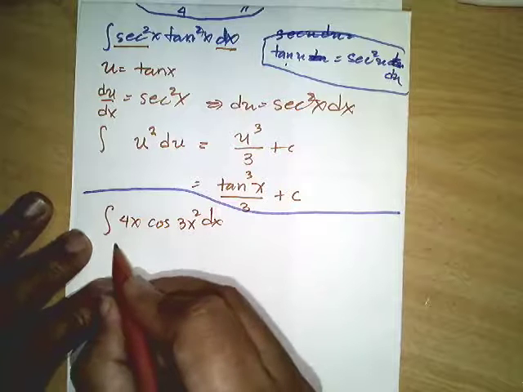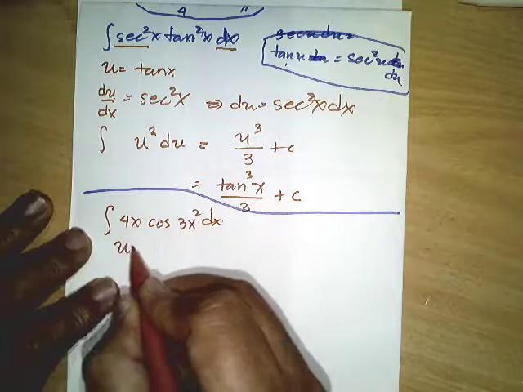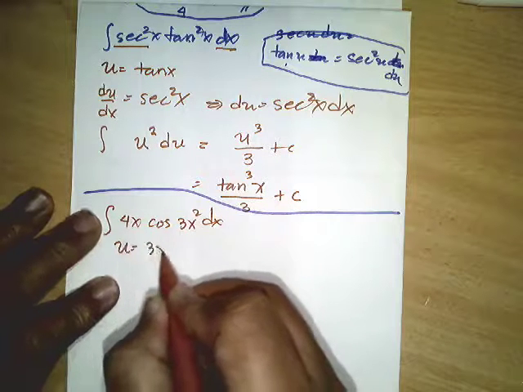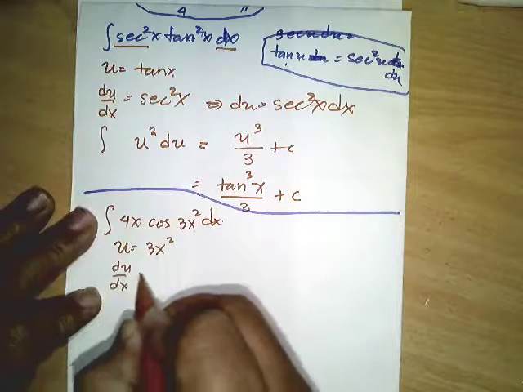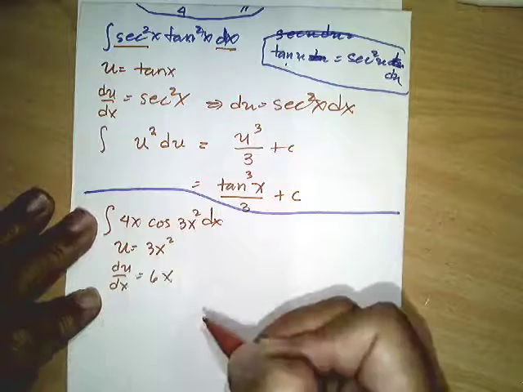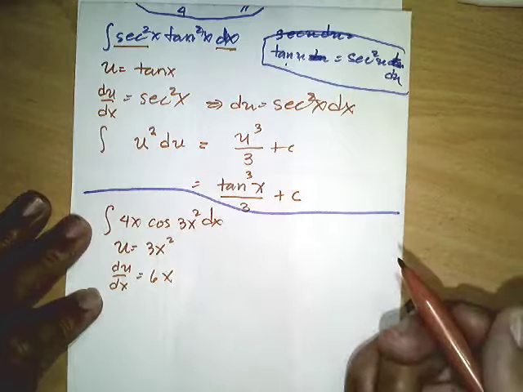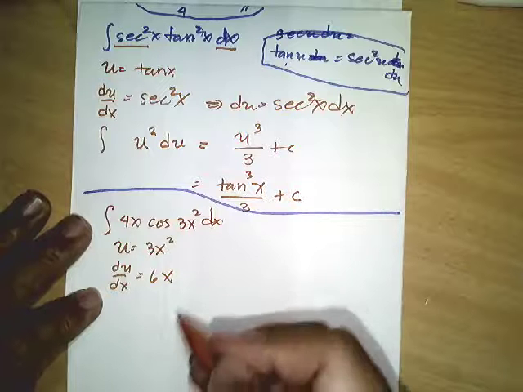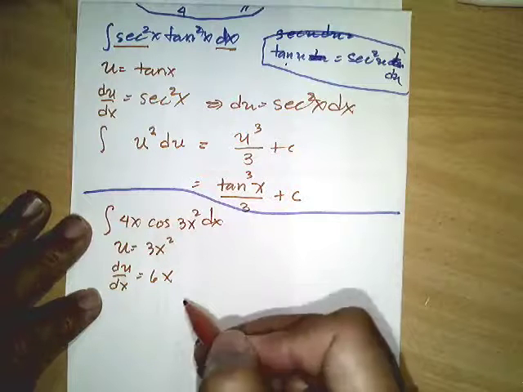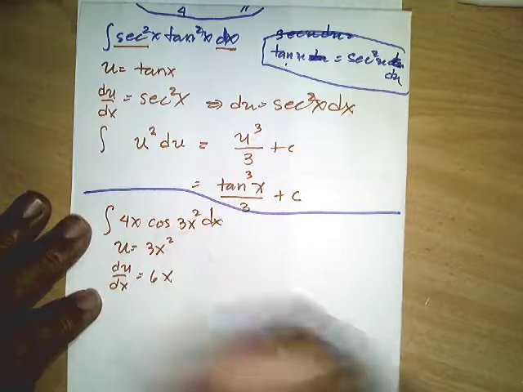Here, we can let that angle 3x squared be our u, and the derivative of u with respect to x becomes 6x. Then let's try to do our substitution, and see if our substitution can actually solve this one.